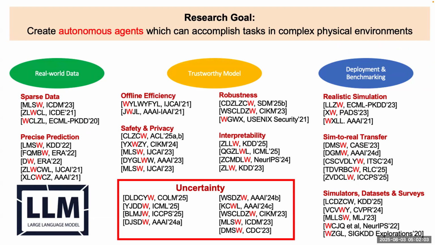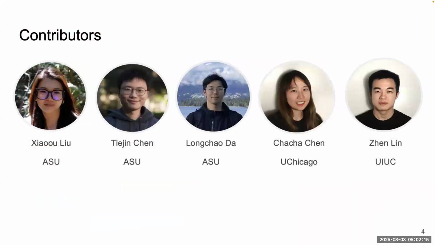So in this talk, you will mostly see the uncertainty part of the trustworthy model, but it's very closely related to the data and benchmarking efforts that we did before. Like I said, the tutorial is also contributed by these 5 PhD students, 3 of them from ASU, the other one is from U Chicago, Chacha, and Chen is from UIUC.